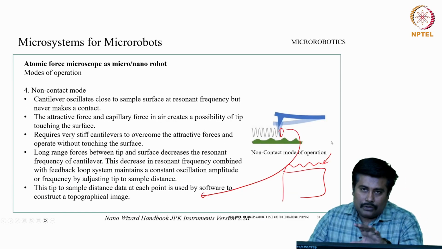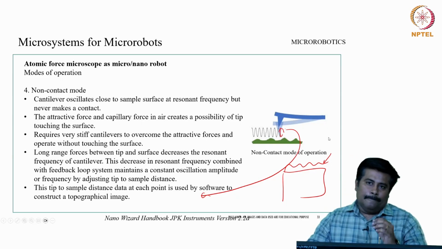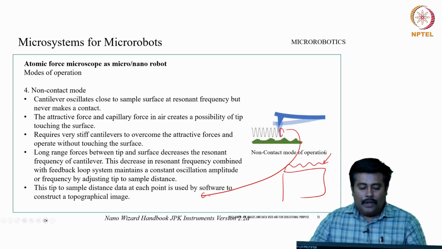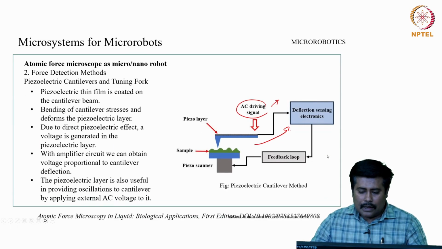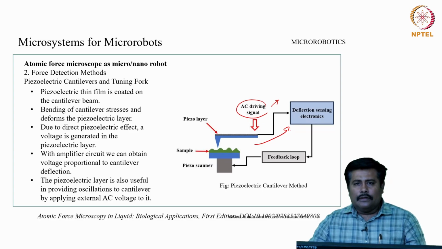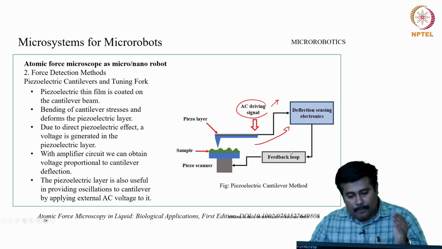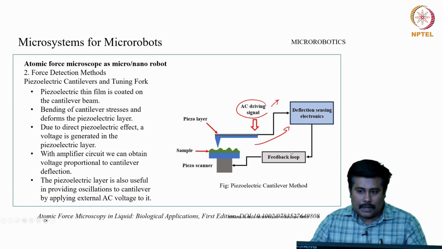Now, with reference to all these modes, it is observed that feedback plays a vital role. When we observe the feedback system from the AFM point of view, it is a bit critical. In fact, in the earlier classes we have seen that these feedbacks are taken from both the piezo layers as well as the piezo scanners.